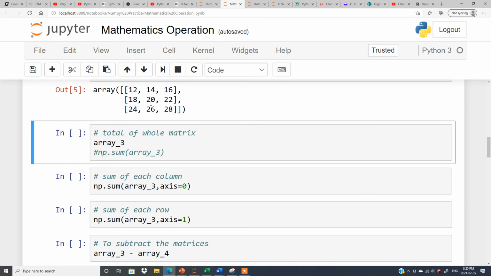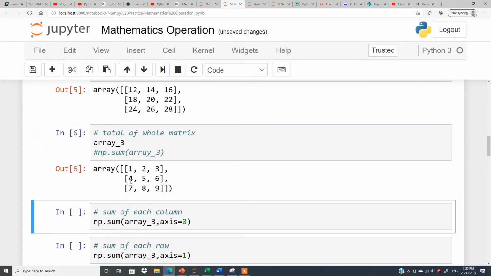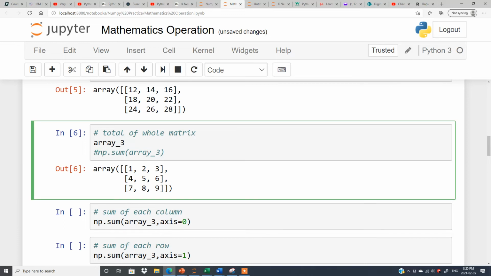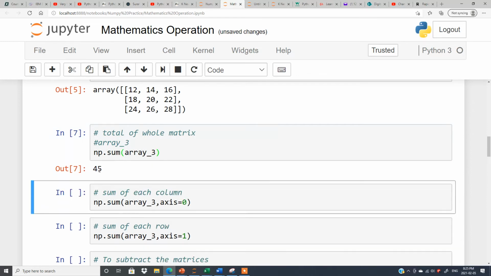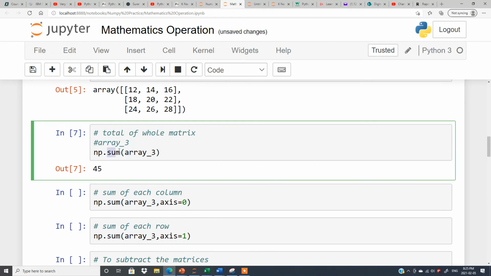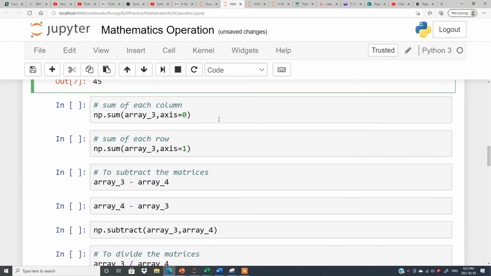Add will add two matrices together, but see here, I will first run this array 3 to show you its output. Now I will remove this comment sign from here and run it. So you will see we get the total of this matrix, which is 45, right? So the sum function will add all the entries, but add will add two or three matrices together.